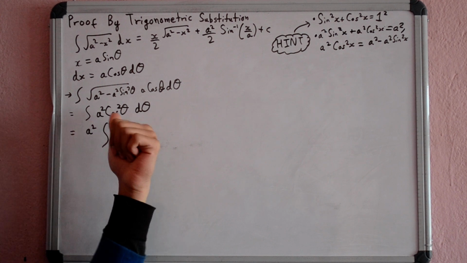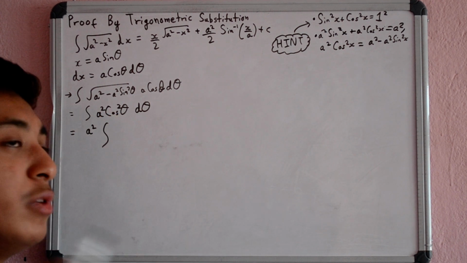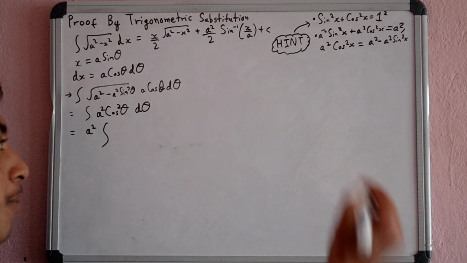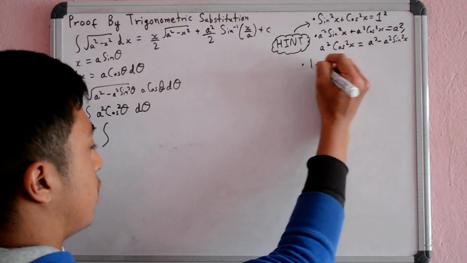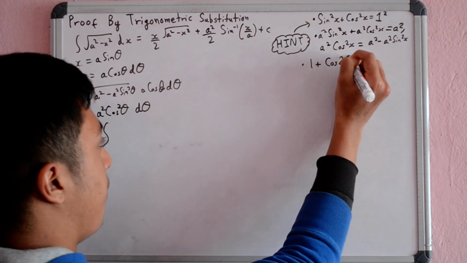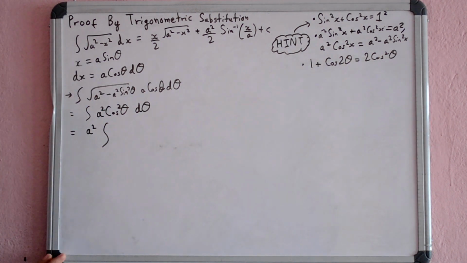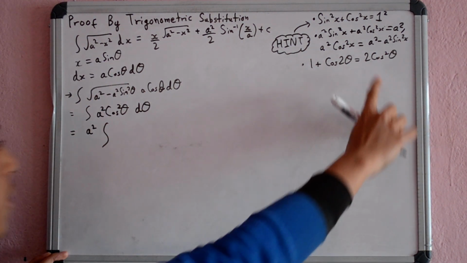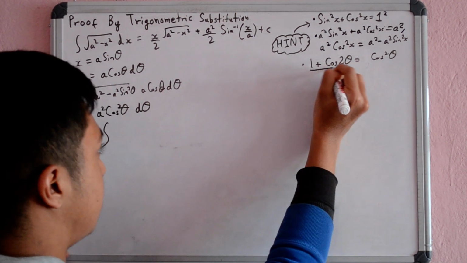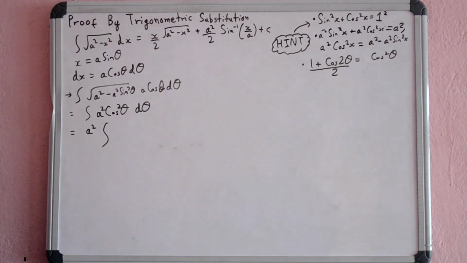Now we need to integrate cos square theta. For that we need to go into the multiple angle formula. We need to know that 1 plus cos 2 theta is equal to 2 cos square theta. Since we only have cos square theta right here, we just need to divide both sides by 2 and we get this.